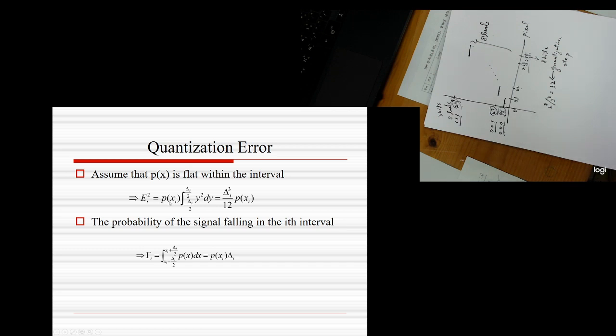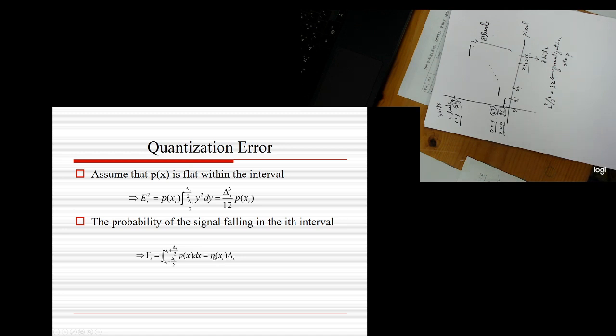So the P of S i can be pulled out of the integral symbol, and then we do the integration here and get the equation like this one. Then we try to calculate the probability, because this one is for one specific S of i: the probability density function multiplied by the step size.